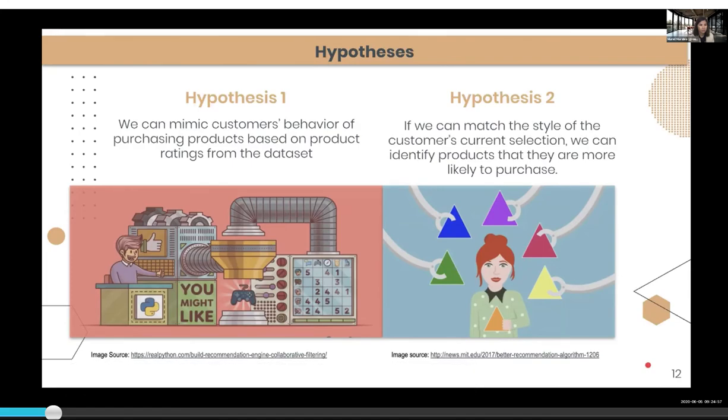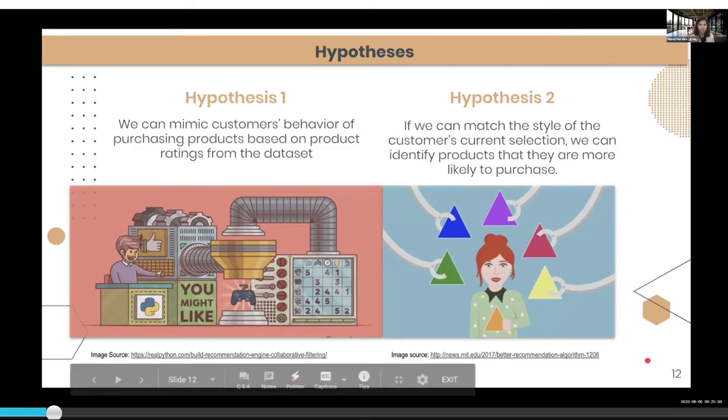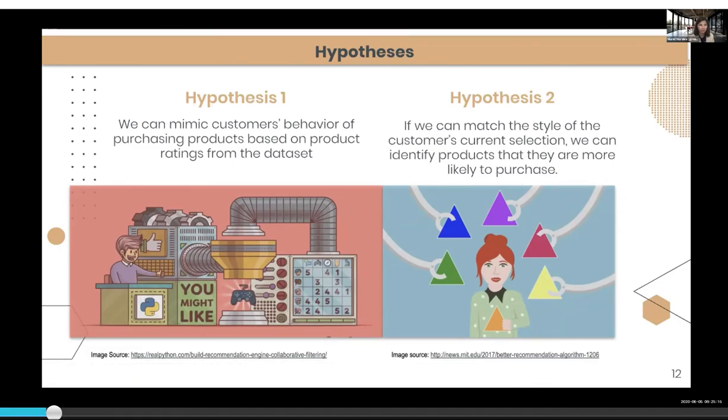So we use users and rating data for this model. And then our second hypothesis is that if we can match the style of the customer's current selection, we can identify products that they are more likely to purchase. So we're thinking this is more like a context-based recommender system.